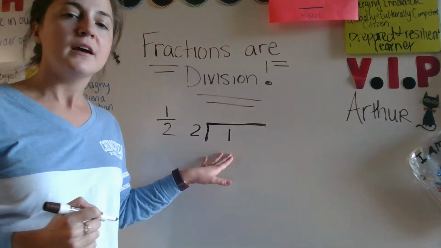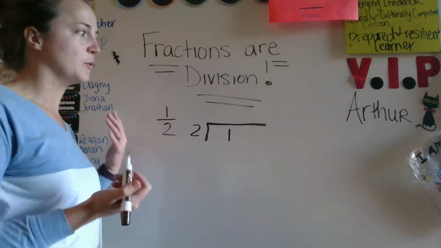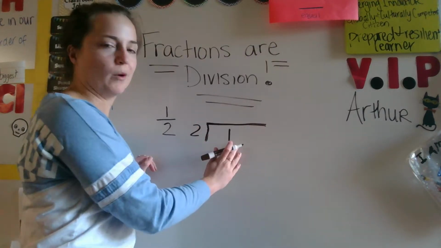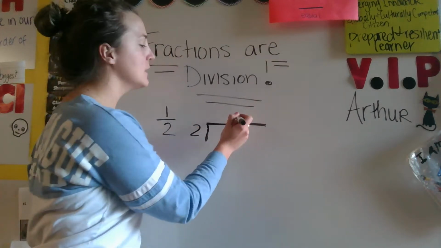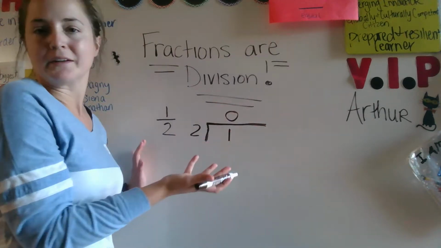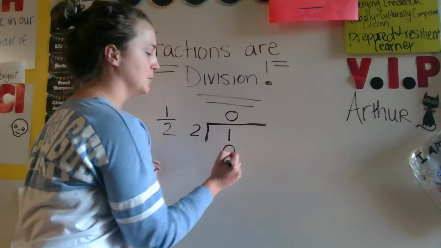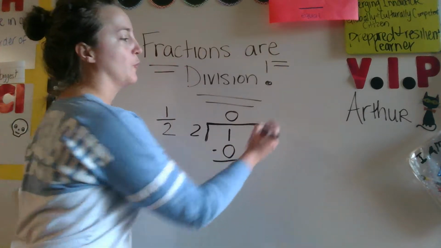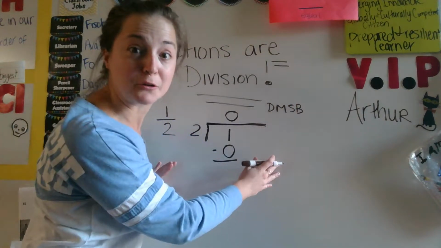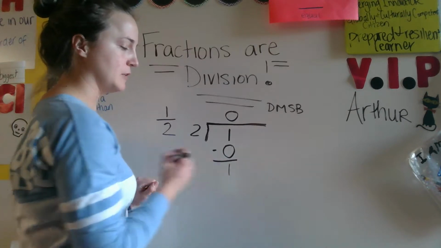Okay, and we have not really talked a lot about how we can divide. So when we do our normal division, we would say, okay, can 2 times something get me 1? It can't, right? So it's 0, because 2 times 1 is 2. That's too big. So 2 times 0 got me 0, and I can subtract. Remember our don't marry someone bald that I strongly disagree with. Okay, so we subtract, and we have 1 minus 0 is 1.